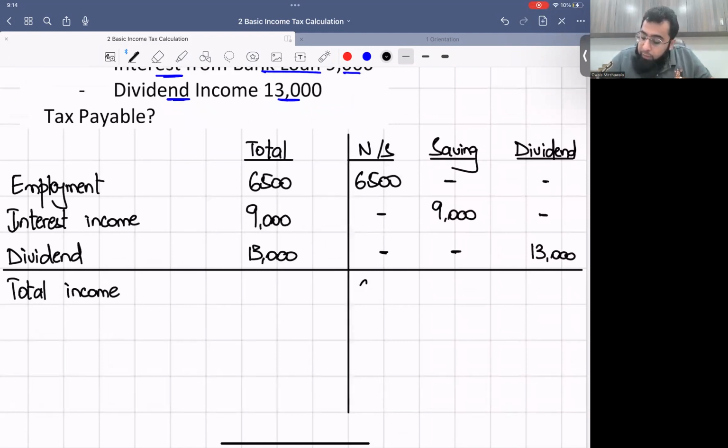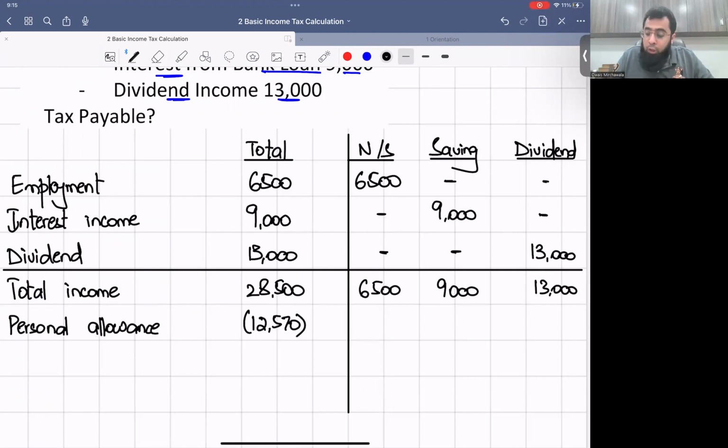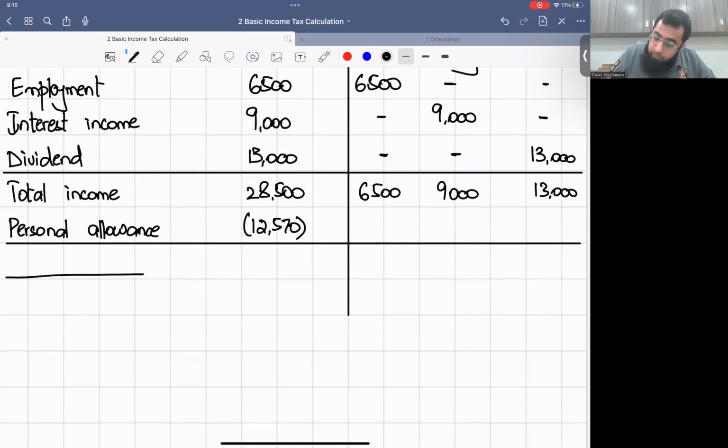Let's look at it carefully. Non-saving is 6,500. Saving is 9,000 and dividend is 13,000. The column of total: 6,500, 9,000 and 13,000. So it's 28,500. We'll adjust the personal allowance, 12,570, to arrive at the value of taxable income.